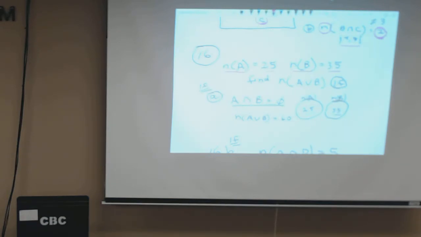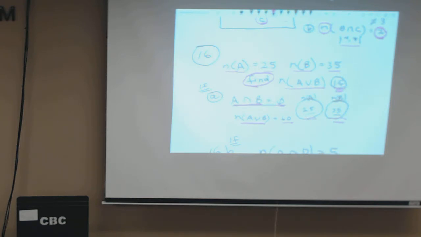Find the number of elements in A union B if the intersection of A and B is empty set. Well, that means they don't intersect, doesn't it? So, what would be the union of A and B? 25 and 35 would add up to 60.